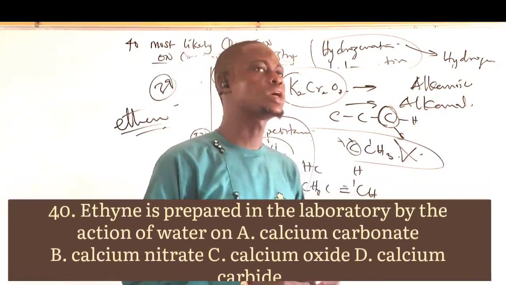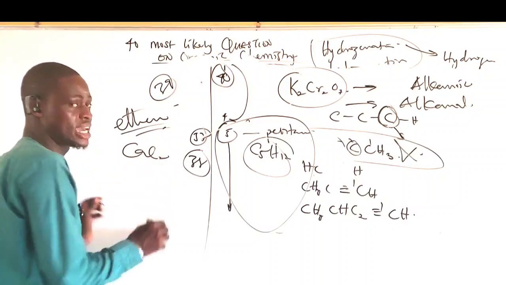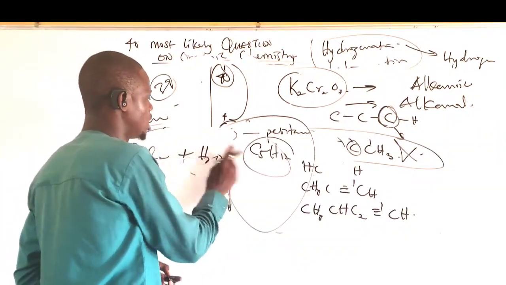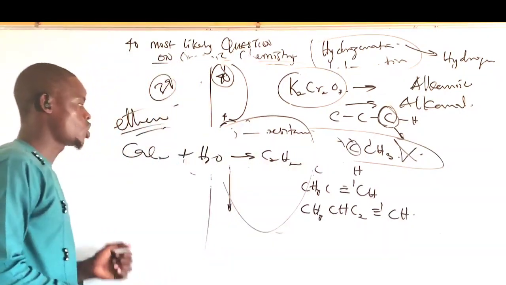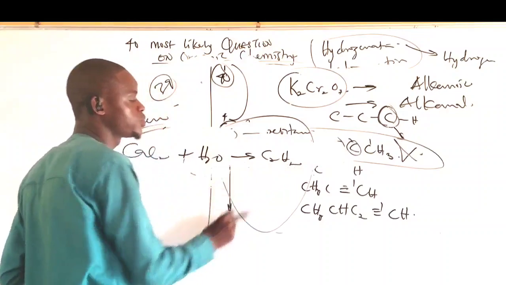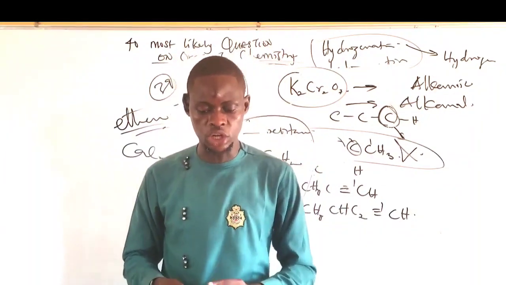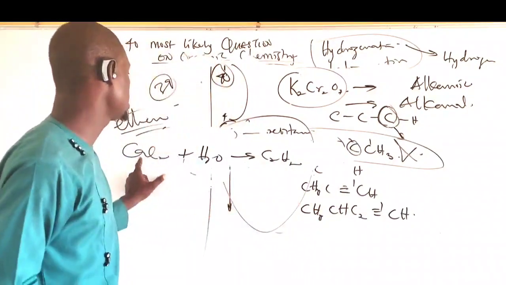When water is added to calcium carbide, CaC2, it produces ethyne, C2H2. So ethyne is produced in the laboratory by the action of water on calcium carbide, CaC2.